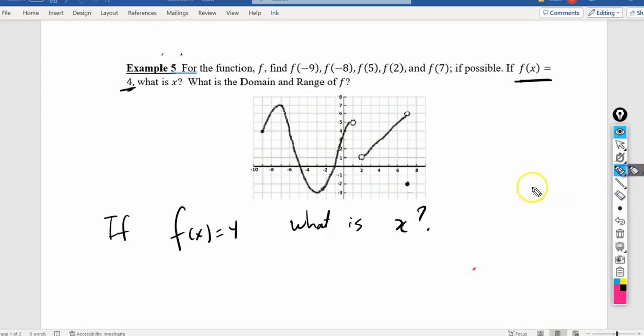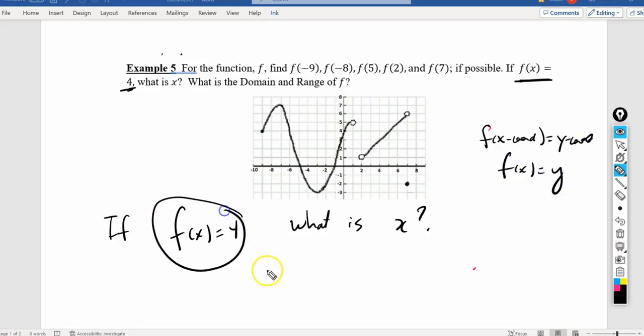Now remember, f of x, f evaluated at the x-coordinate is equal to the y-coordinate. f of x is equal to y. So this is telling you that the y-coordinate is 4.